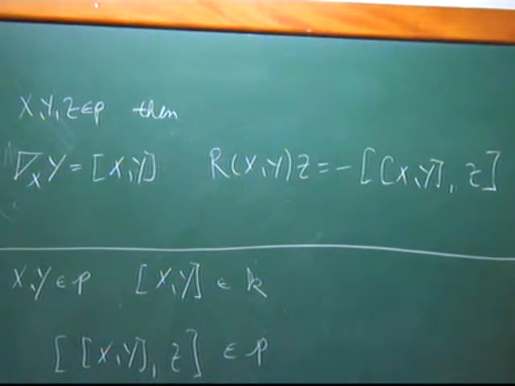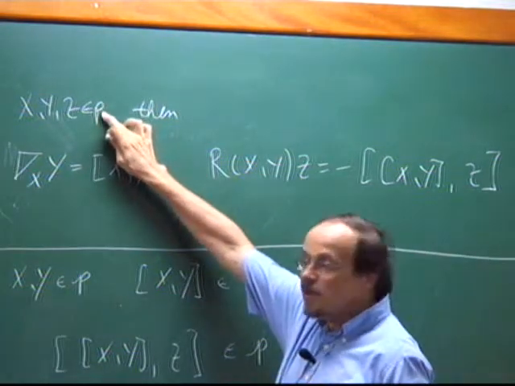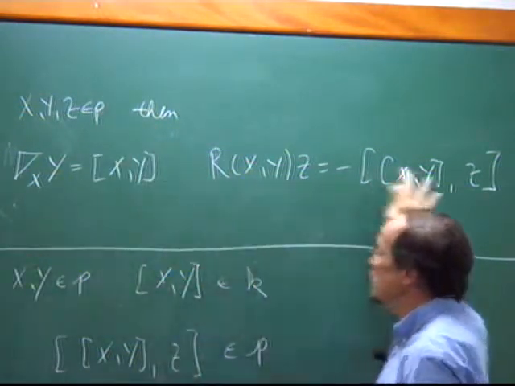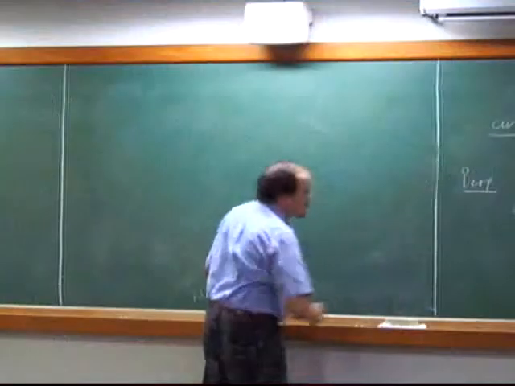It means I have to do it at my base point p naught. And X, Y, and Z lie in P, so identify that with the tangent space. It's our usual convention, and this holds true at the point p naught only. It doesn't hold true everywhere. Only at the base point. But that's enough, since that determines the whole connection and the whole curvature. Curvatures at other points are the same.